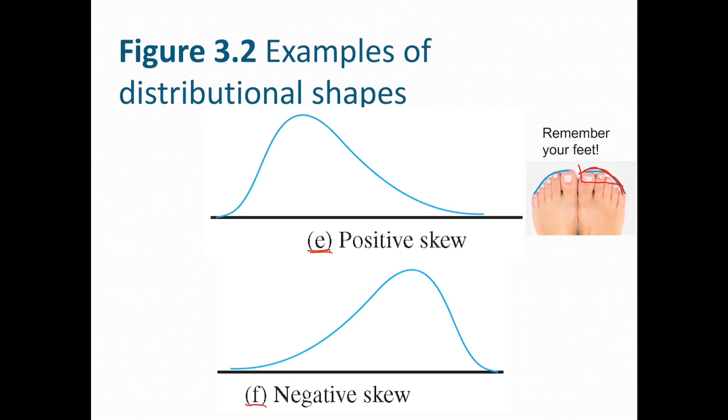So if you think of your right foot as a positive skew with your big toe towards the left of the axis, that's a positive skew. And if you think about your left foot, where the big toe is towards the right of the axis, then that is a negative skew. So if you remember your left foot as negative and your right foot as positive, that'll help you see the shape of positive and negative skews.